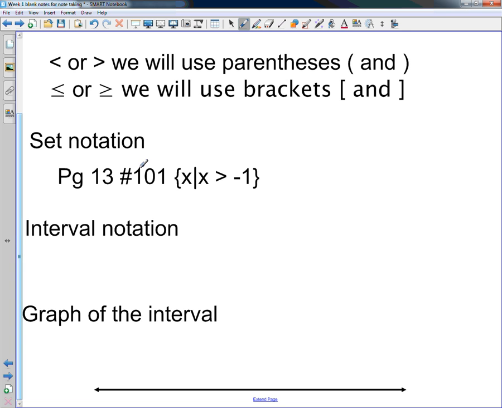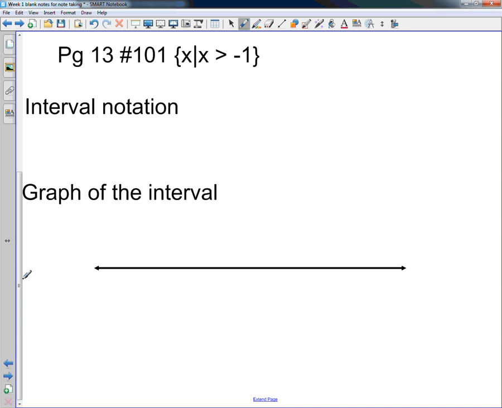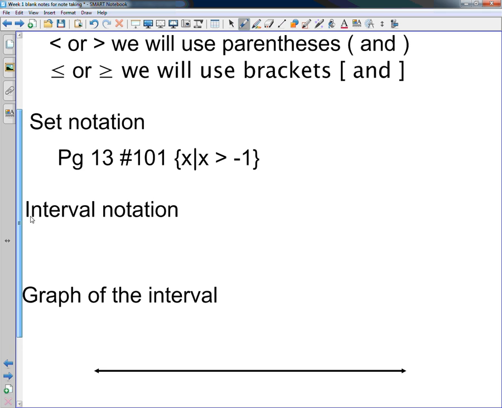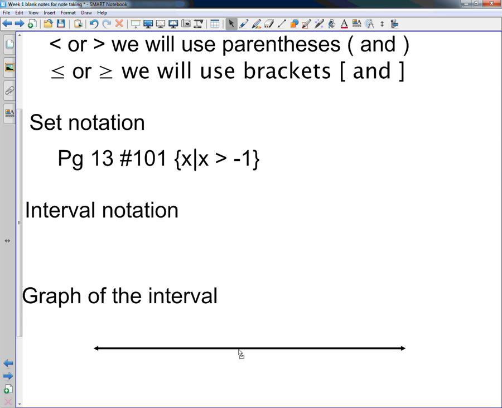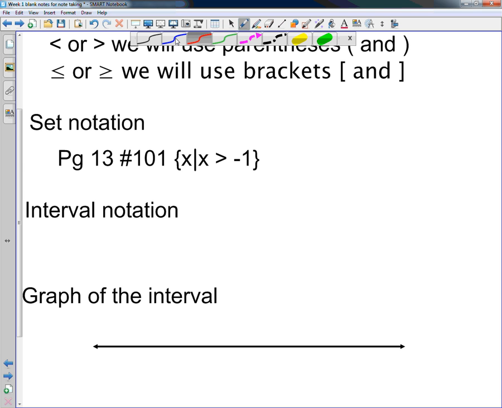So what I think is probably a little easier is to graph it first and then come back and do the interval notation. So let's go ahead and graph what we're working with. Okay. So we have x is greater than -1. That's what we're trying to graph. So I'm going to put a 0.